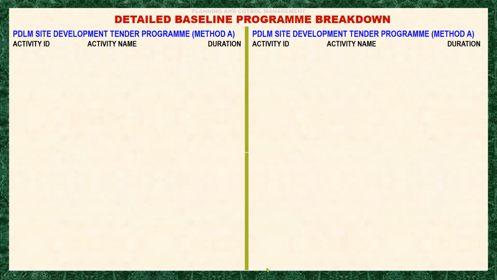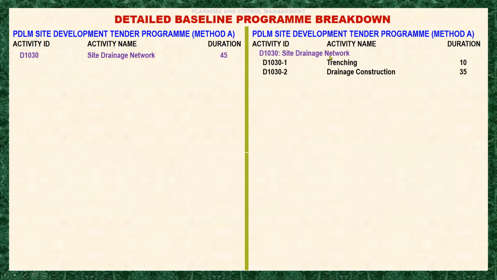Here's the continuation. Site drainage network. This is part of the construction phase of the project for 45 days. Looking at the detailed baseline program, we have broken it down into 2 activities also, which are 10 and 35 days, and of course, finish to start relationship. Next is site concrete road network for 30 days.